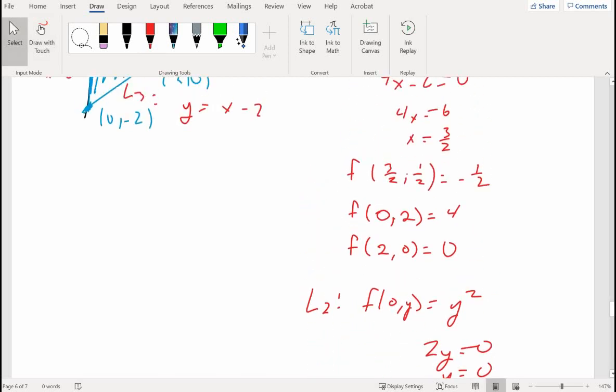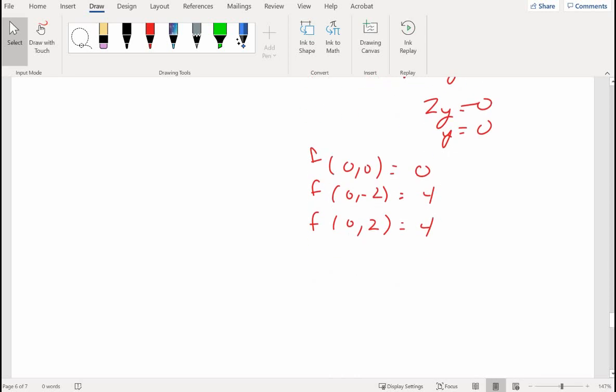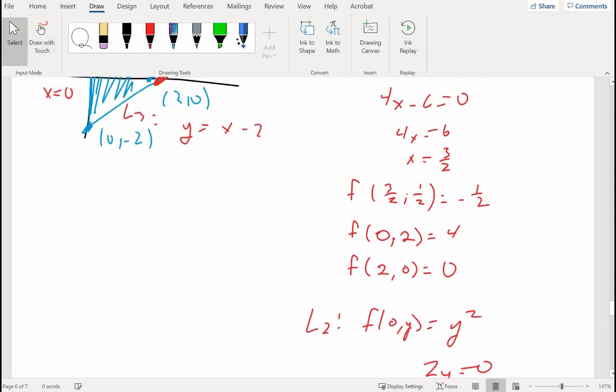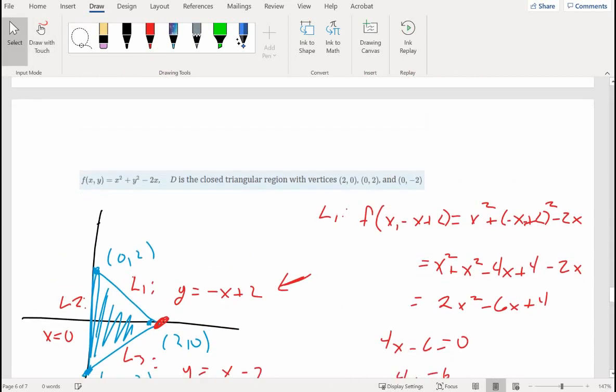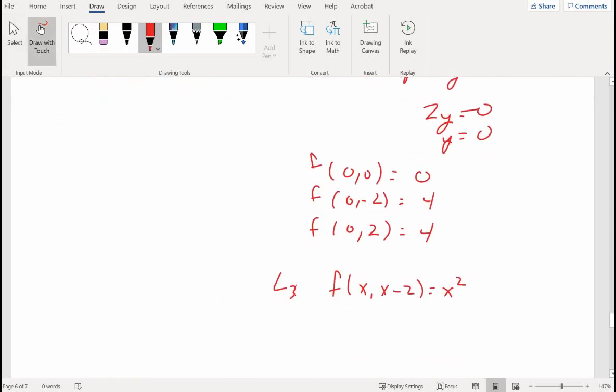And then lastly, I want to look along L3, which is y equals x minus 2. So that's x squared plus y squared minus 2x. Make sure I get this right.